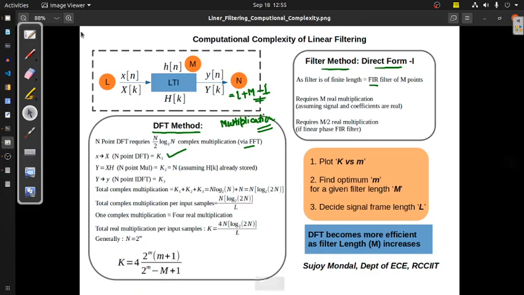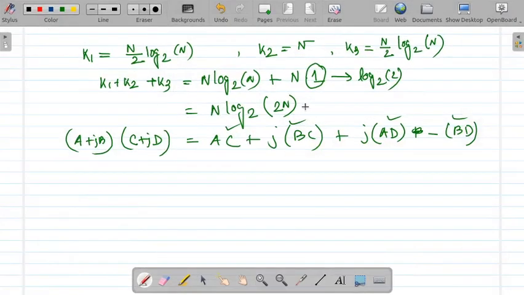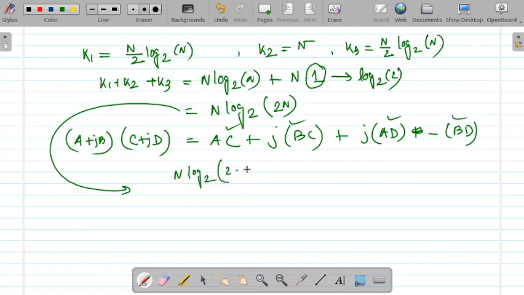So if we just take a look back, what is this? That was a number, right? So how it is coming, this one, that means this is n log 2 base 2 into 2 to the power m, and also we can write 2 to the power m divided by L, meaning L equals n minus m plus 1.